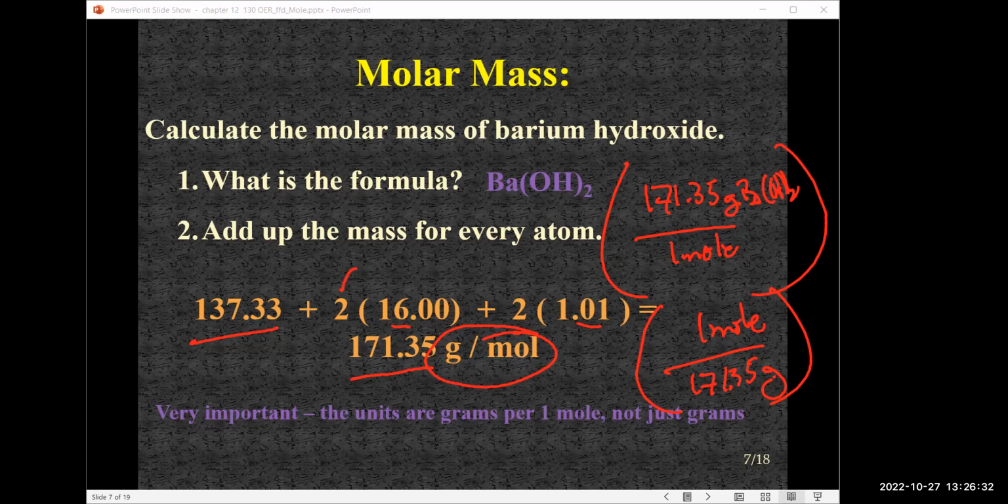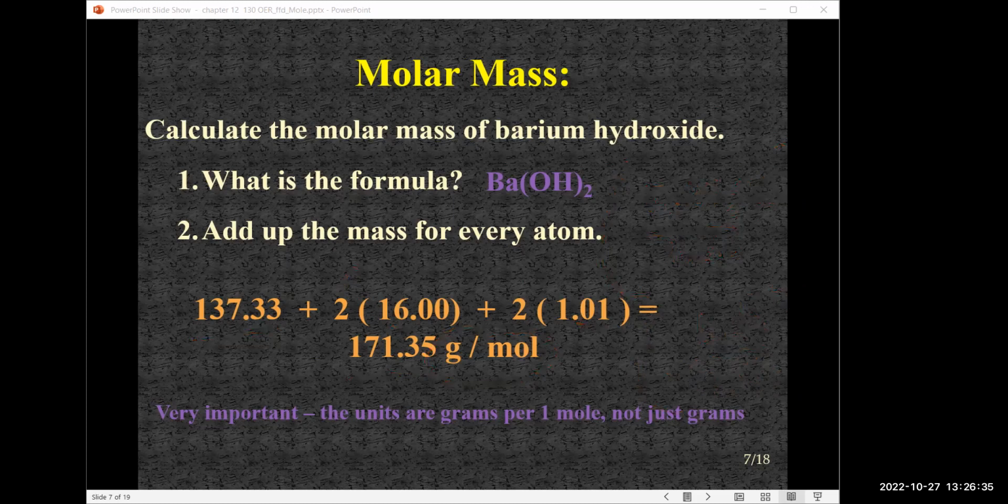Okay, but before you can get to that point, you have to be able to, from the name, determine the formula correctly, be it an ionic compound or a covalent compound. Then from the formula, determine the number of different atoms in that compound, multiply the atomic weight times whatever number of atoms you have for that particular atom, and then sum them all up, and that becomes the molar mass for that compound, okay?